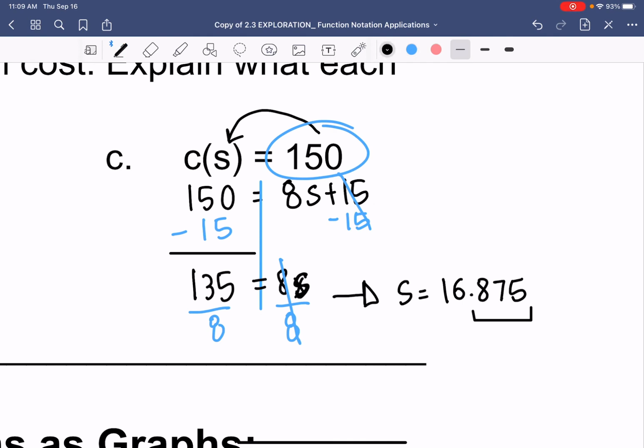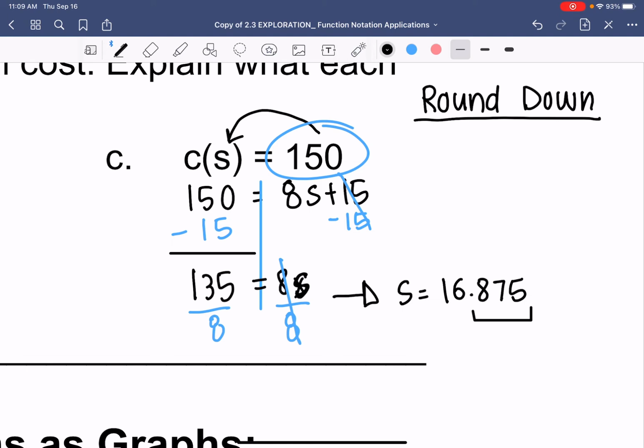When it comes to money and ordering things, you cannot go over your budget of 150. So you must round down, because I can't get more than 16 shirts, since I don't have the money for that 17th shirt.